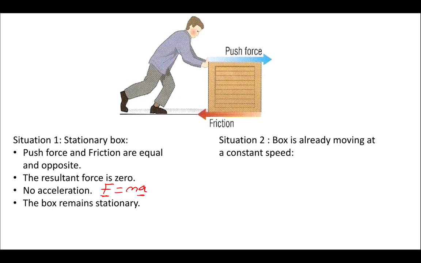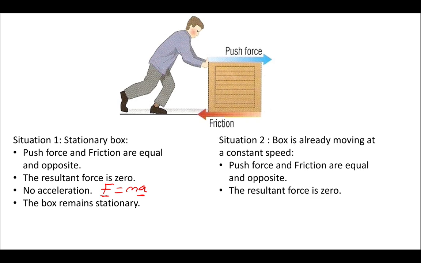However, if the box is already moving at a constant speed, the push force and frictional force are equal and opposite. The resultant force is equal to 0, no acceleration, which is the same as situation 1, and the box will remain moving at a constant speed.